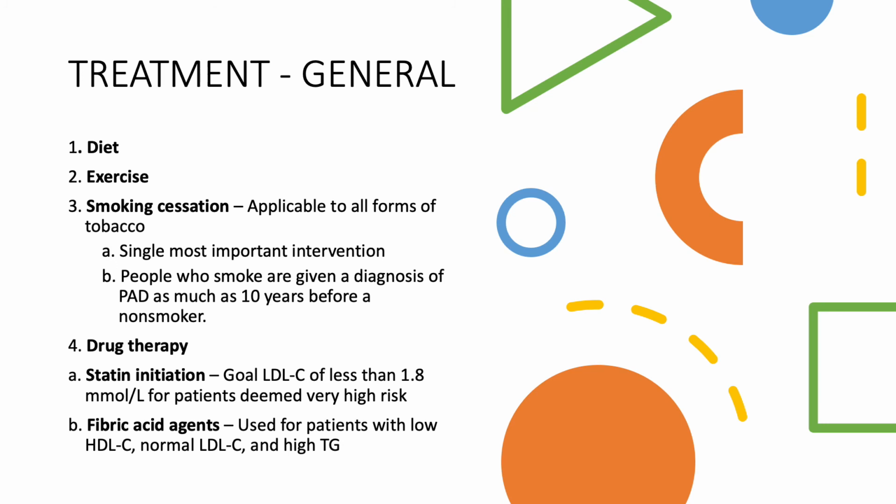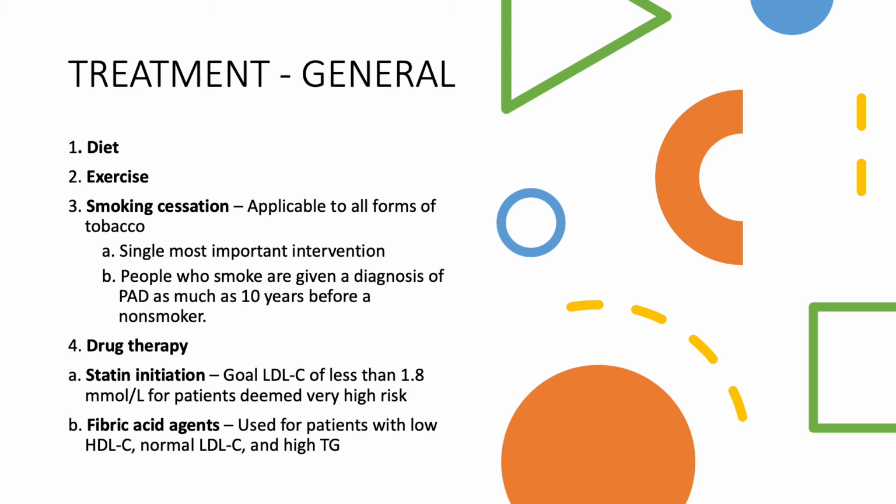Now, once you have identified the risk factors and calculated the ABI and it's confirmed that the patient has PED, we will need to start treatment. In general, the treatment looks at diet modification, exercise, smoking cessation, and this is applicable to all forms of tobacco.